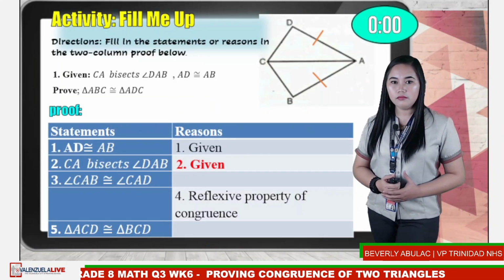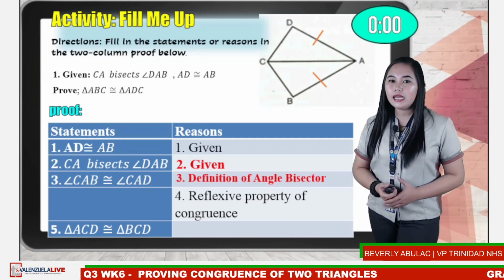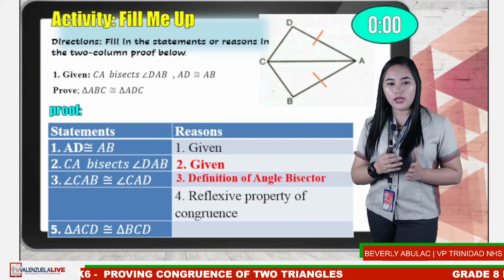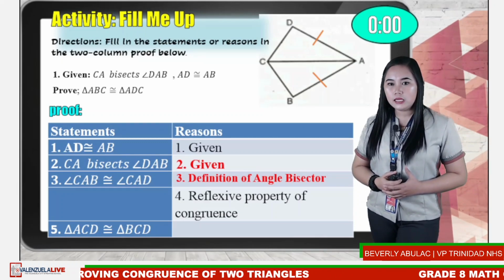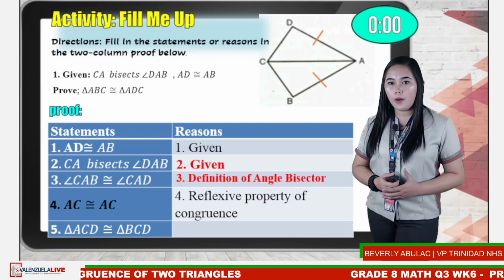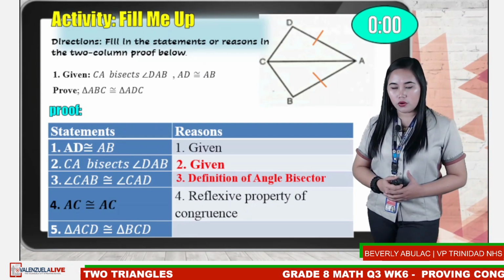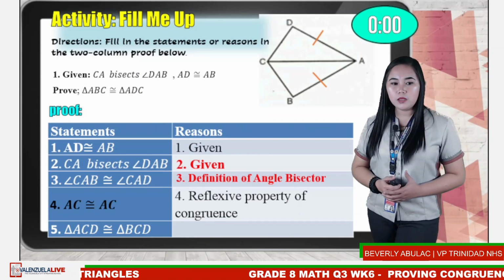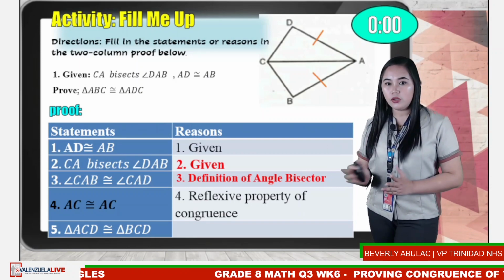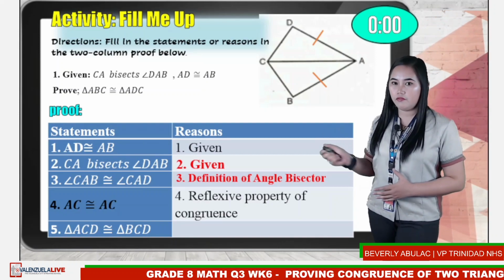The third one, angle CAB is congruent to angle CAD. We can say this based on the definition of an angle bisector, as shown in the given figure.